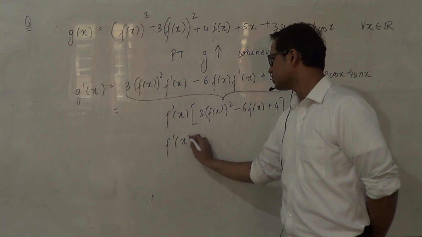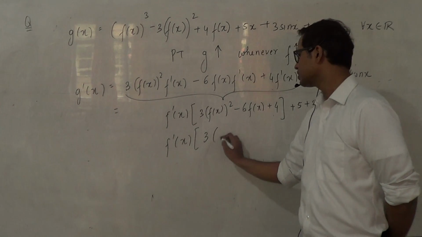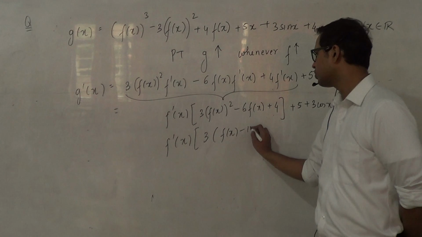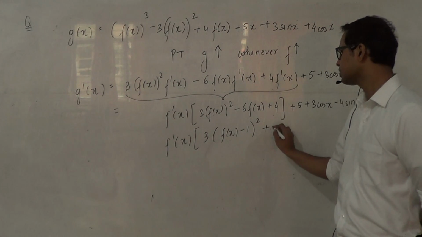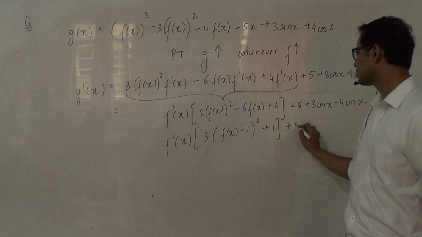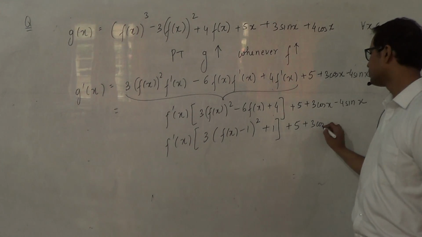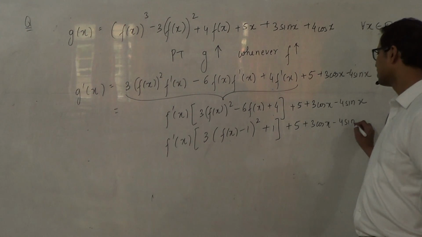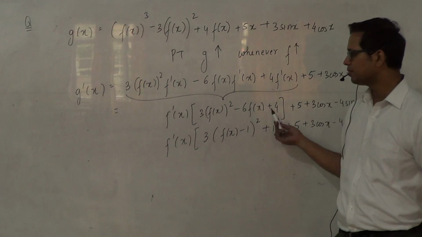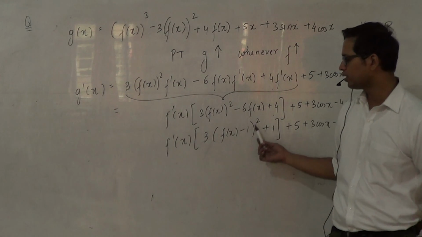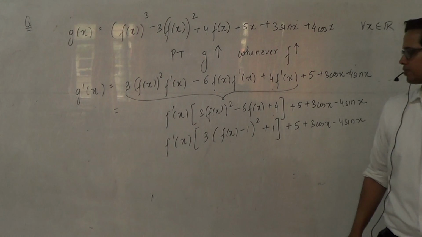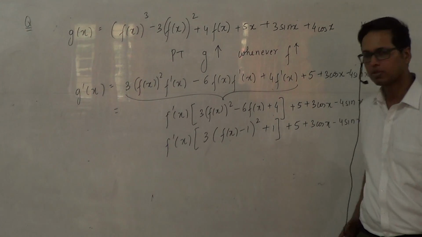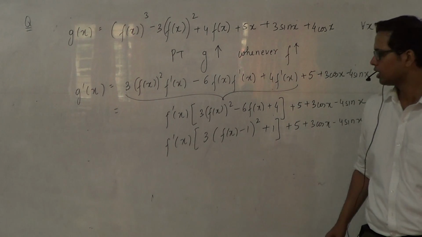Now can I write this as 3 times f of x minus 1 the whole square plus 1? Yes or no? Can I simplify this term as 3 times f of x minus 1 whole square plus 1? Correct?